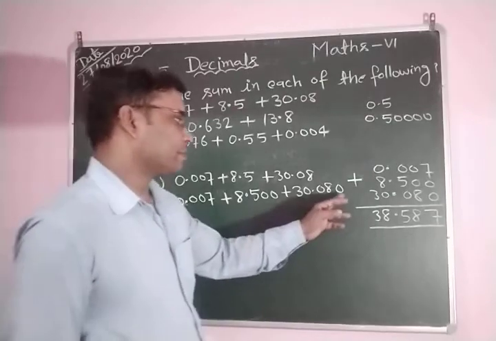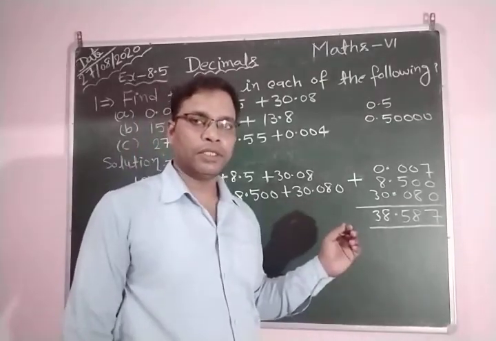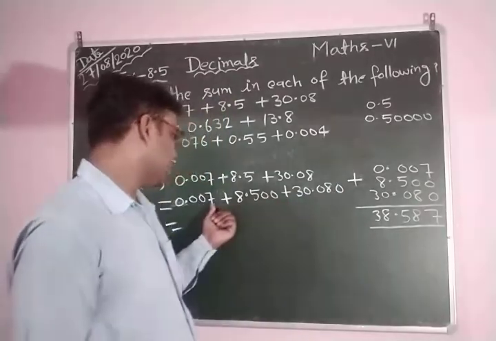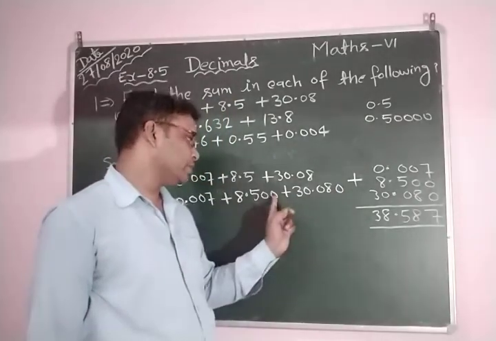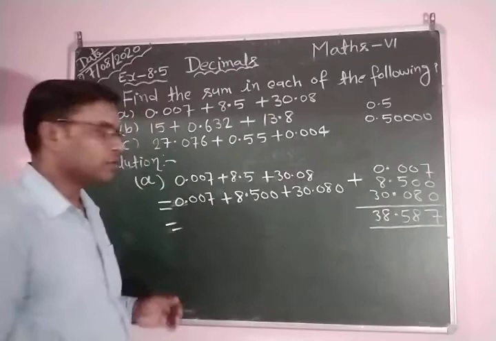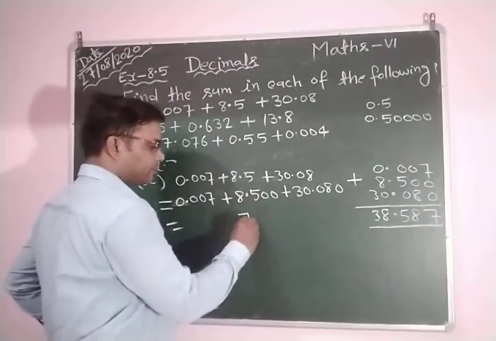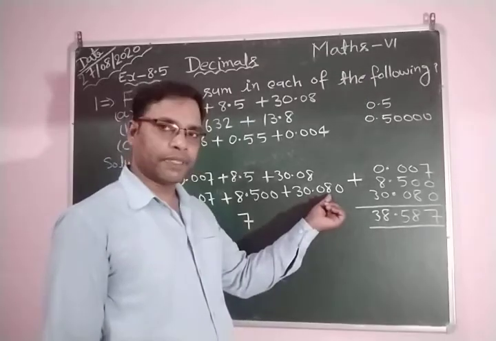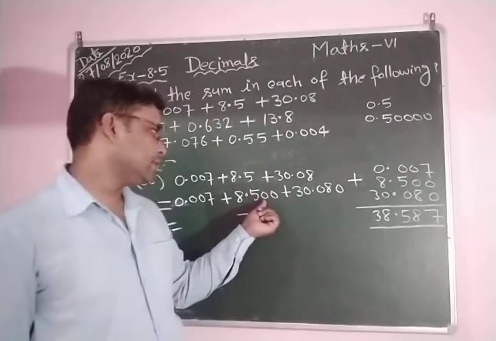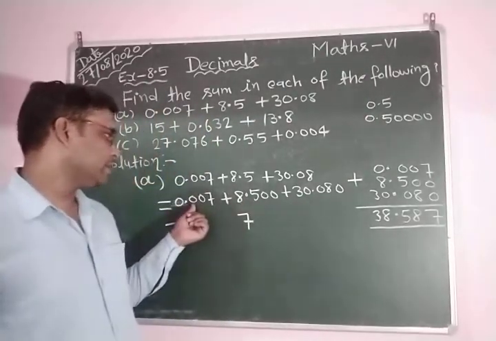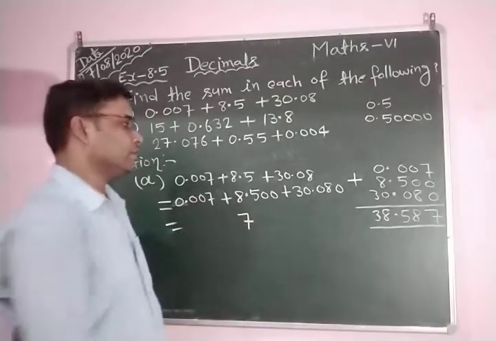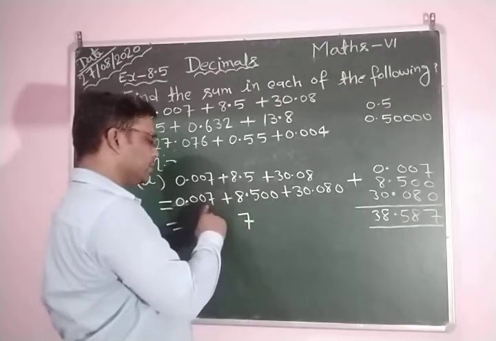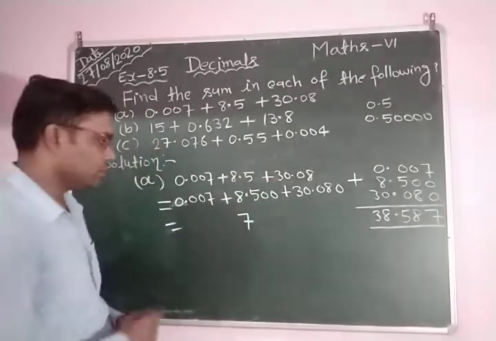Okay, so sum them. First we sum the thousandths place. So here the thousandths place is 0, here 0, here 7. So 0 plus 0 plus 7 is equal to 7. Okay, after this the hundredths place is 8, here the hundredths place is 0, hundredths place is 0. So 8 plus 0 plus 0 is 8.